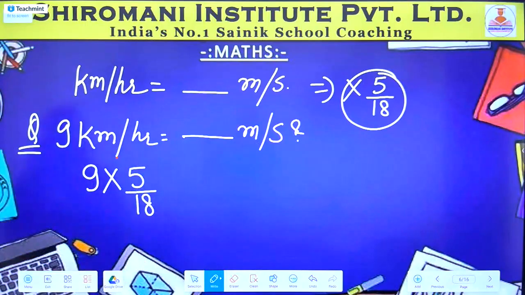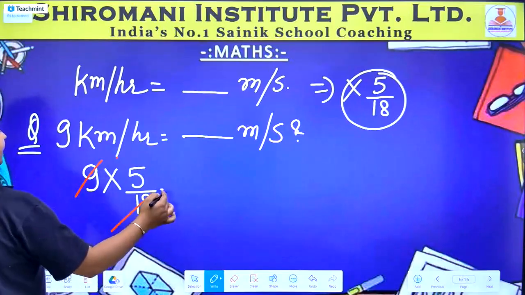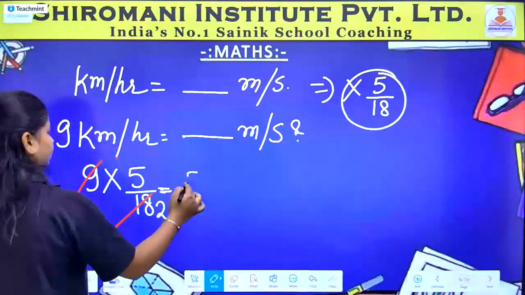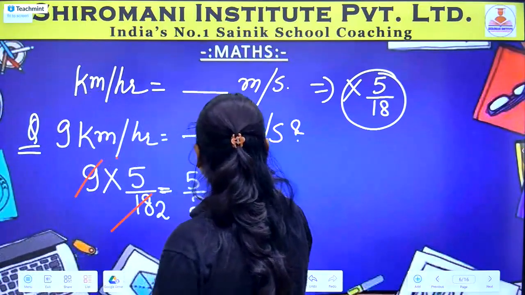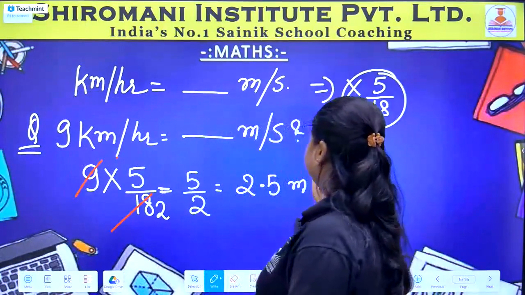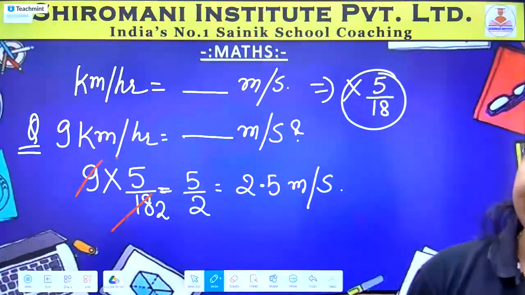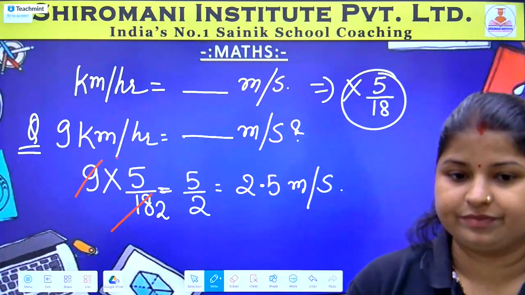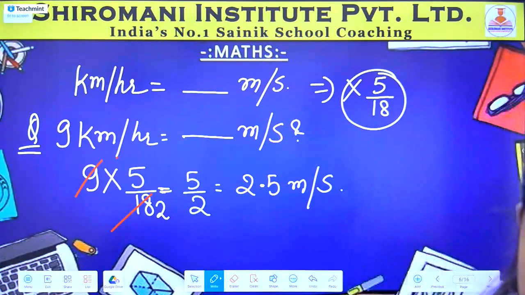Now you can simplify it. 9 ones are 9 and 9 twos are 18. 5 by 2, that is 2.5 meter per second. Is it clear, everyone? It is that easy.